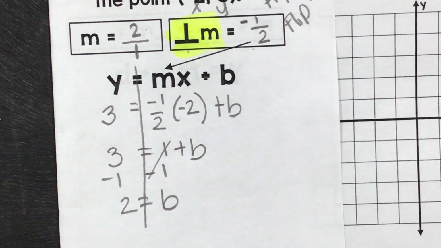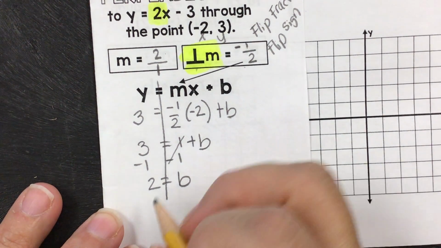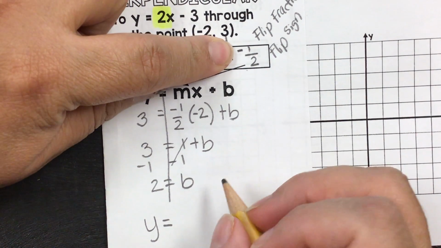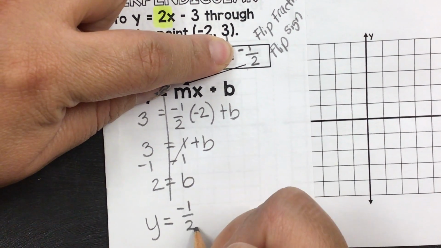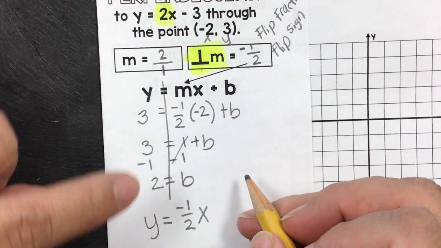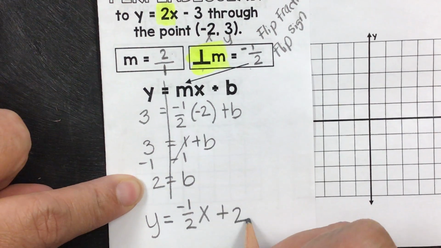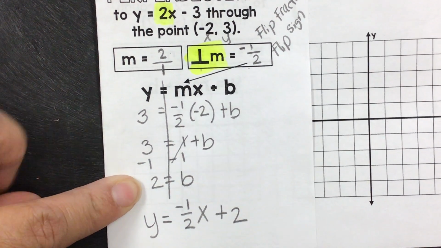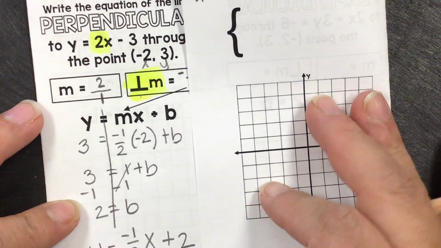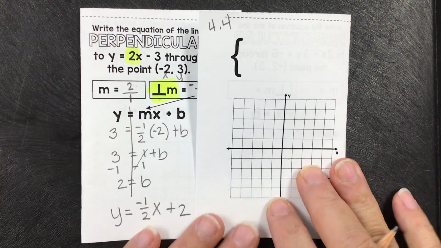And just like the other section on 4.4, we have to write the equation. That's y is equal to, remember you use the negative 1/2, so that is the slope we're writing. We have to write x. And b was a positive 2, so we have to write plus 2. I'm going to fold this back out like this. That means we have 2 equations again.